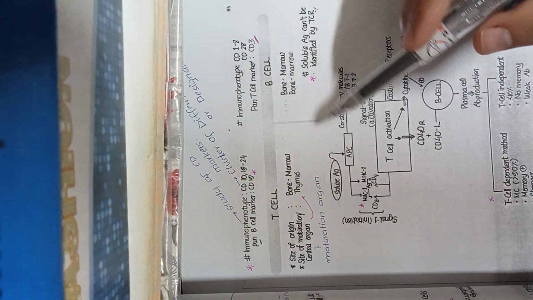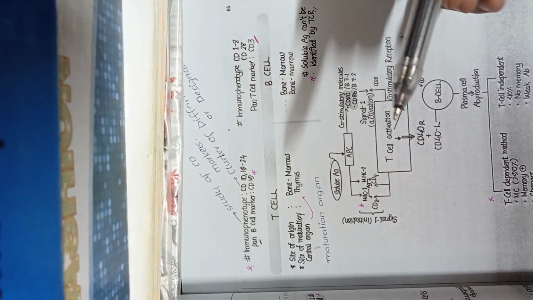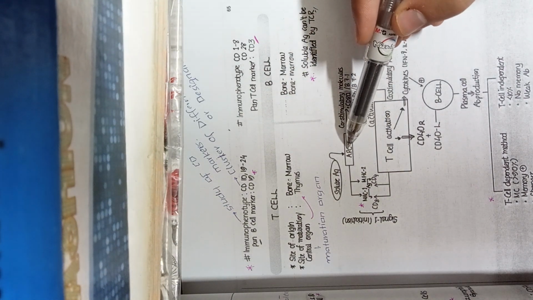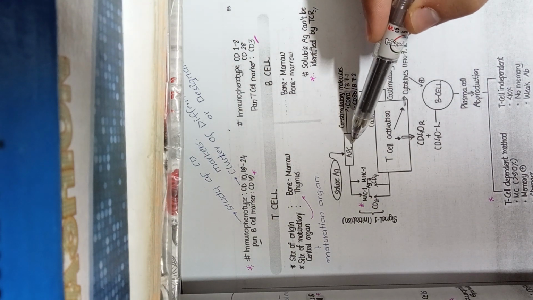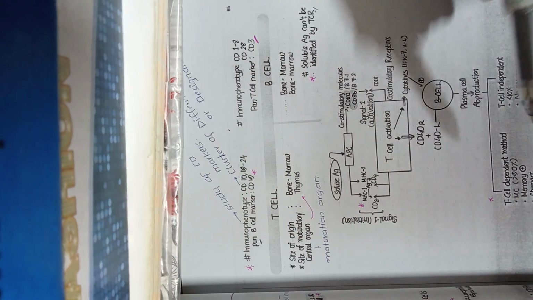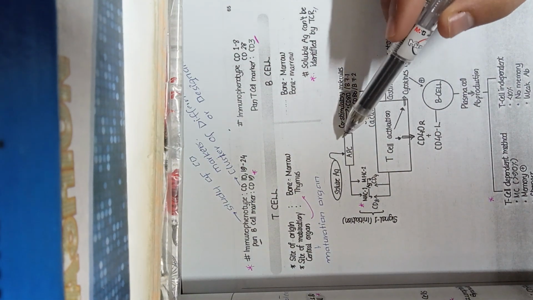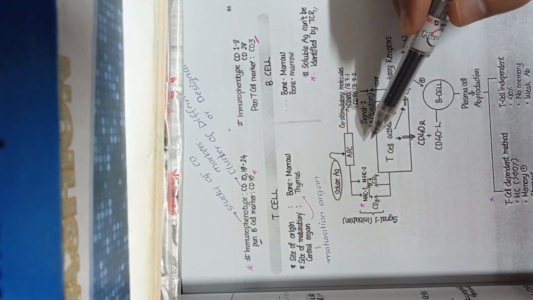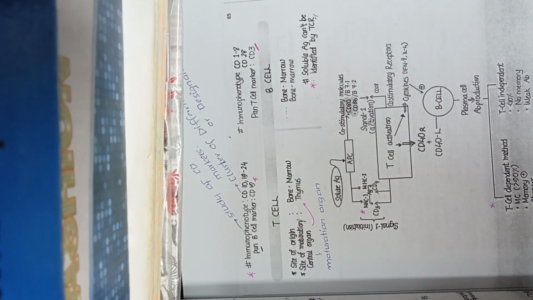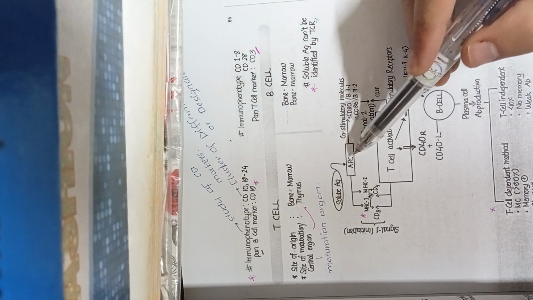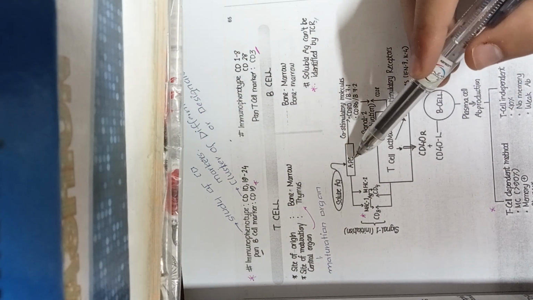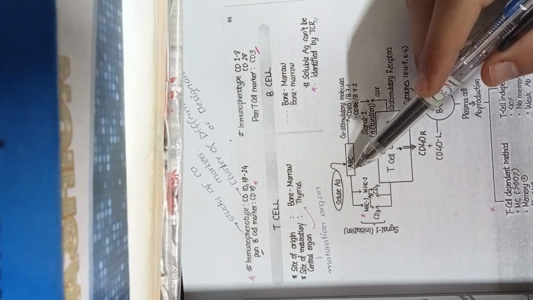So for example, we have two cells. This is antigen presenting cell and this is T cell. This cell will present the antigen to this T cell. So let's suppose this is antigen presenting cell, and we have discussed in the first lecture that antigen presenting cells include dendritic cells, etc. So on this antigen presenting cell, there are two molecules.